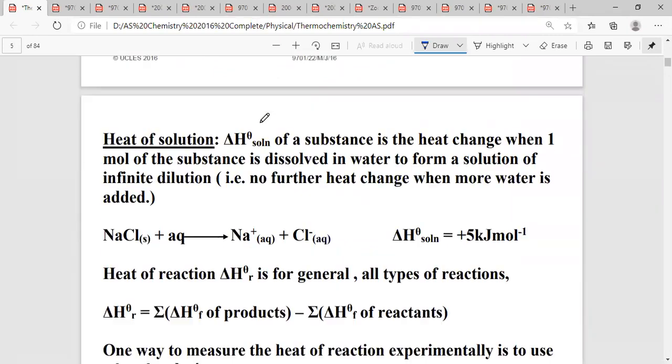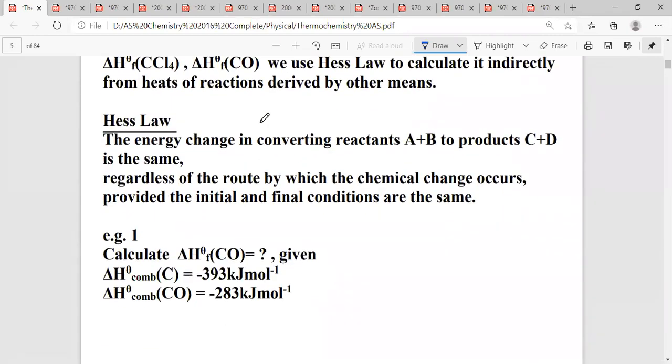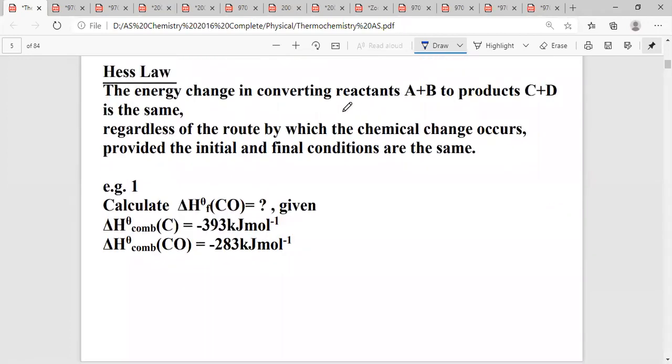Okay, now we will do Hess Law. Hess Law is basically for reactions where you cannot use a bomb calorimeter, a direct route. This is an indirect route of achieving things.